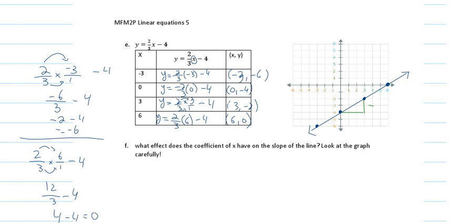You're going up by 2? Yes. And what's your run? How much are you going over by? 3. So what's your slope? 2 over 3. Because it's rise over run, right? So my rise is 2 and my run is 3.